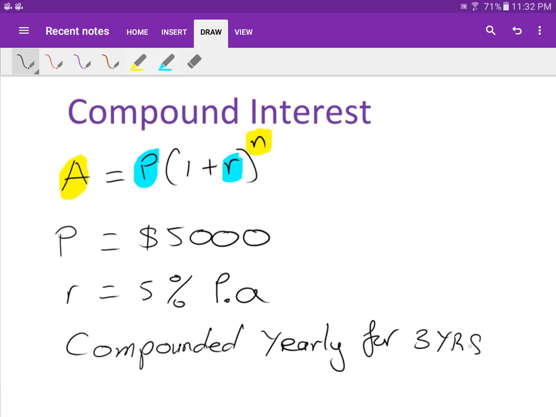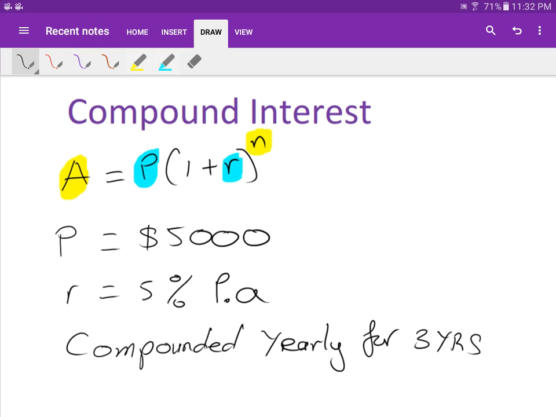What that means is you put $5,000 in a bank, the interest rate is 5% per year, and you leave it there for 3 years. The bank pays you every year, compounded yearly.